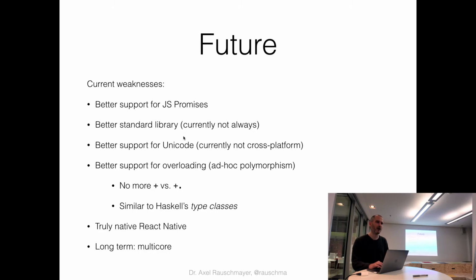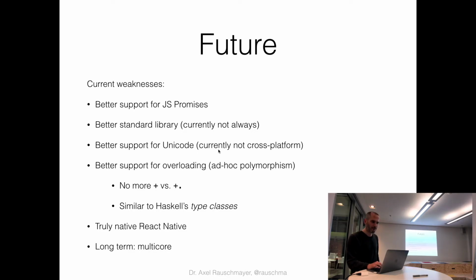It's currently not always cross-platform, so sometimes you have to distinguish: do I compile to JavaScript, then you use other things for strings and for regular expressions, and all of that will go away in a few months. Better support for Unicode, that's also something that's being worked on.